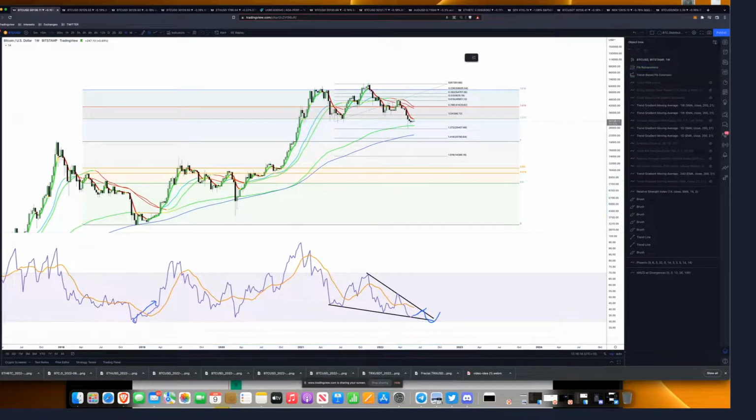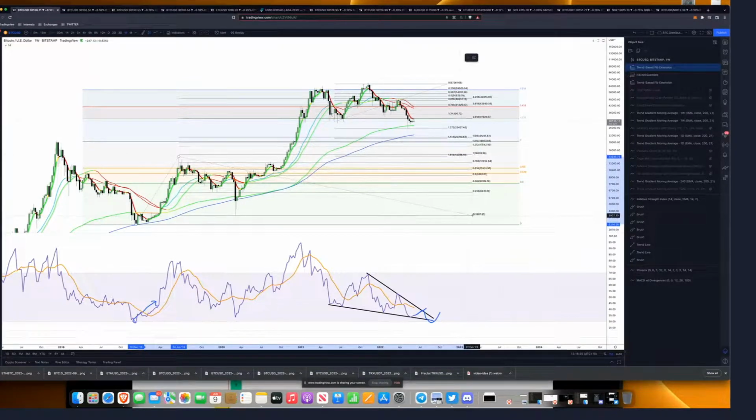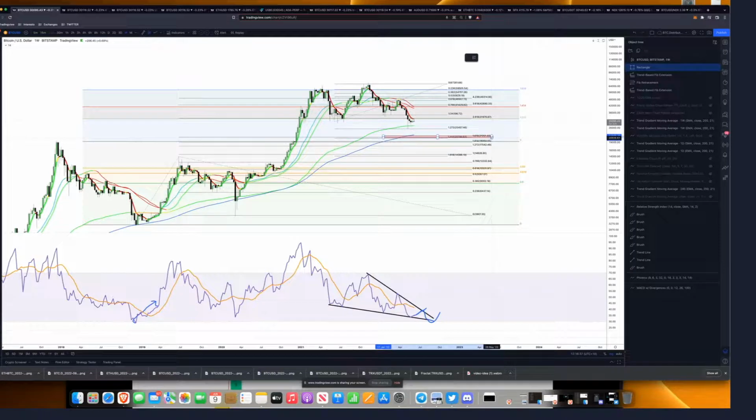And the last technique is swing high, swing low. And yeah, we've got a lot. So the 1.618 is there. Okay. So the 1.618 is aligned with this one here. So that is a good contender along with the moving average. That is a good contender for the bottom.